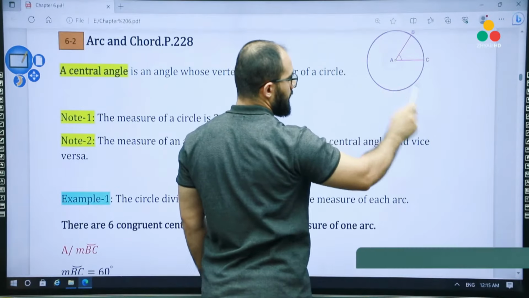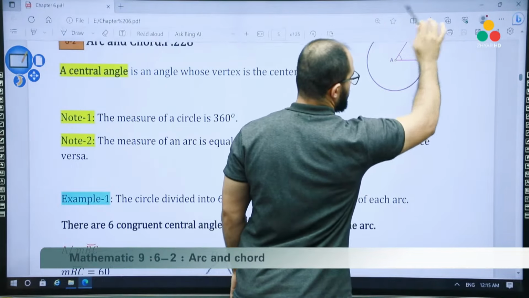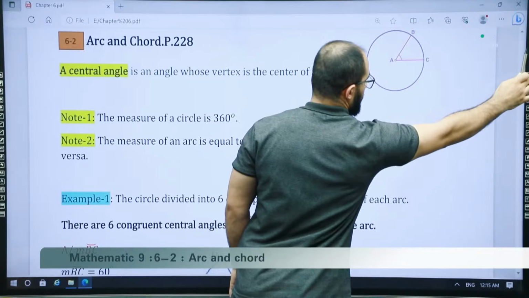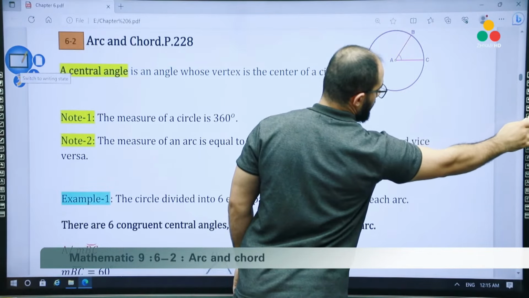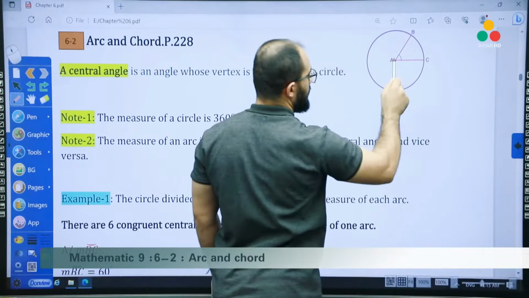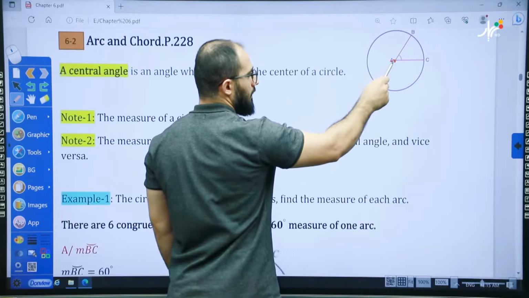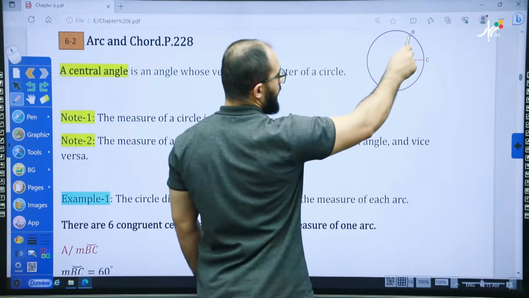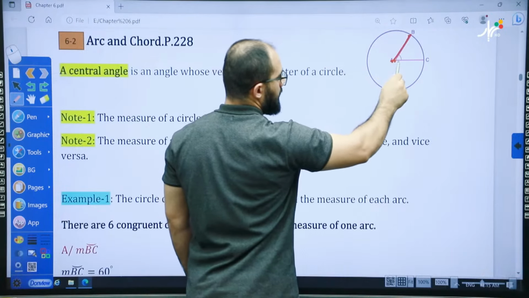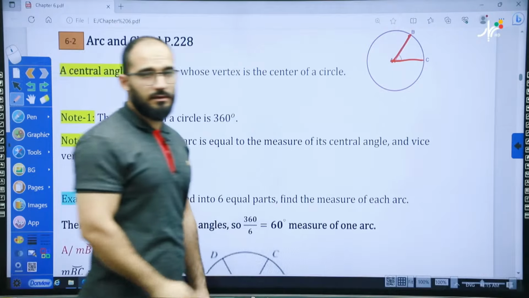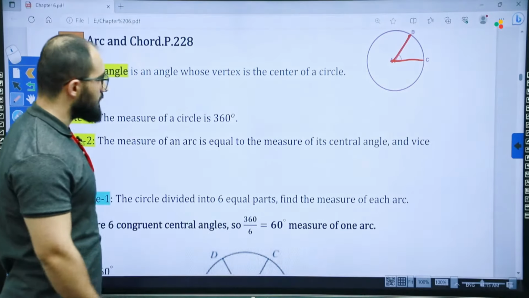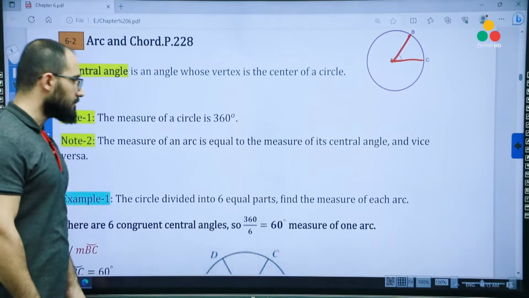This is the center of the circle. The vertex is in the center. That's why we call it a central angle.